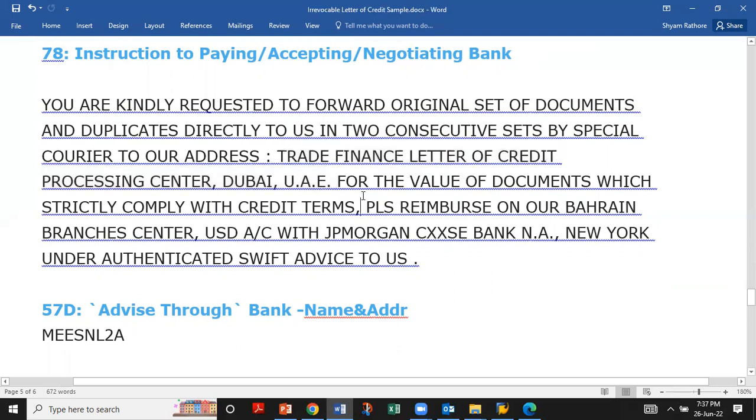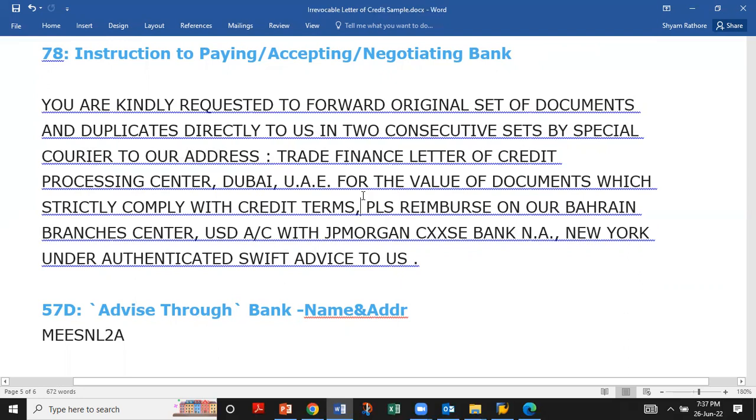For the value of documents which strictly comply with the credit terms, please reimburse on our Bahrain branch USD account with JP Morgan Chase Bank, New York, and send an authenticated shipping advice to us.